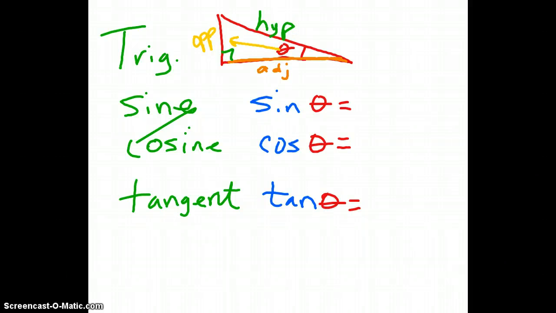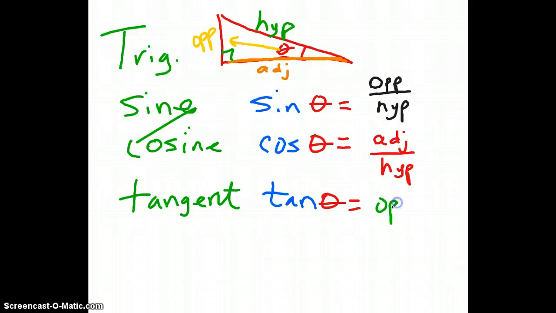Trig are ratios, and the ratios of this triangle are: sine, we take the opposite leg over the hypotenuse. Cosine, we take the adjacent leg over the hypotenuse. And tangent, we take the opposite leg over the adjacent leg.